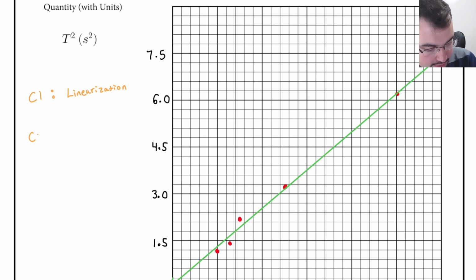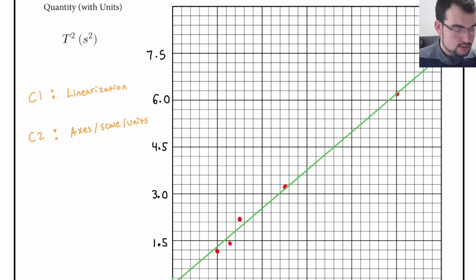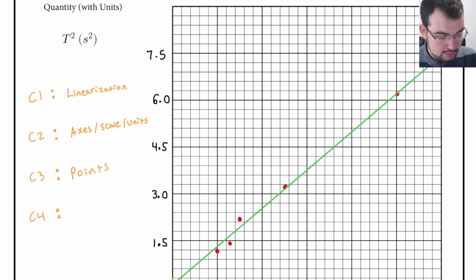C2. Now, if you graph some variant of 1 over n with some constants in it, that's fine too. To get C2, this is your axes, scale, and units. So just making a nice linear scale. Make sure to include a full scale, just so it's really clear. C3, this is the easiest point. You have to just plot the points in a reasonable way according to your data.